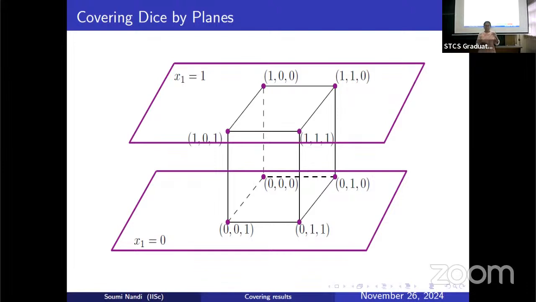Similarly, in any dimension n, if we are given the hypercube {0,1}^n and we want to cover all its vertices using the minimum number of hyperplanes, then any two hyperplanes that cover two opposite faces are sufficient. Namely, x_i = 0 and x_i = 1 are sufficient.